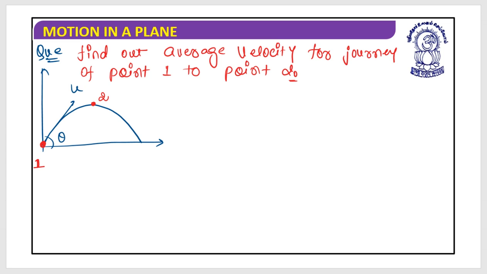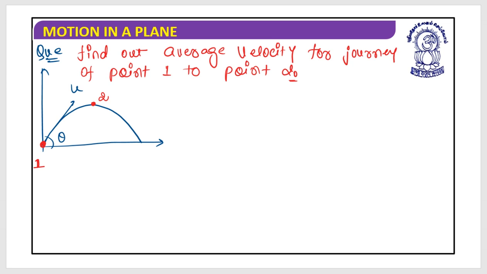That's it. Point 2 is at maximum height, as you can see, and point 1 is the point of projection, and you require the average velocity for this journey. How should I do this? Any idea what can be done?